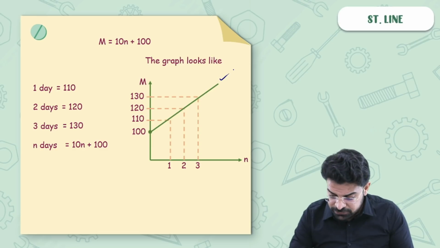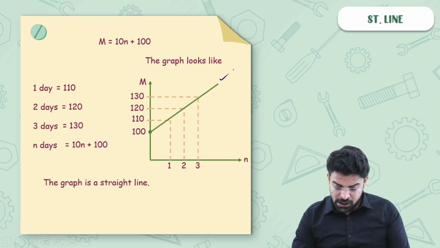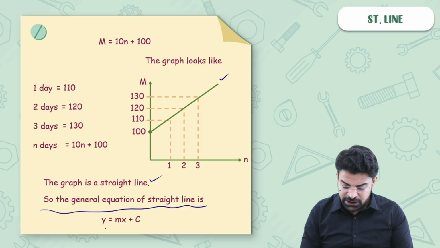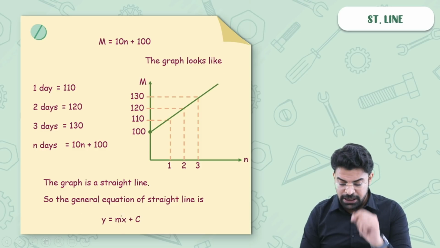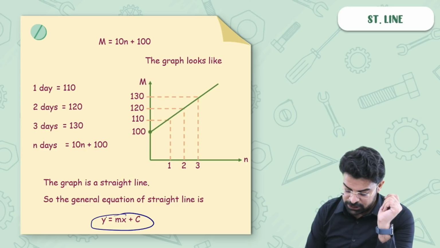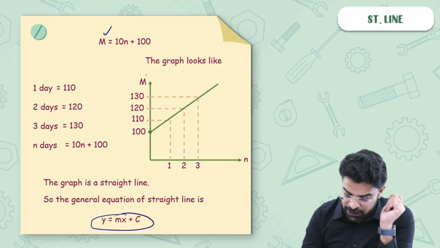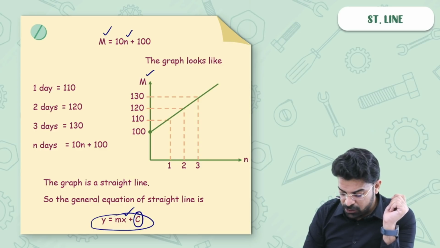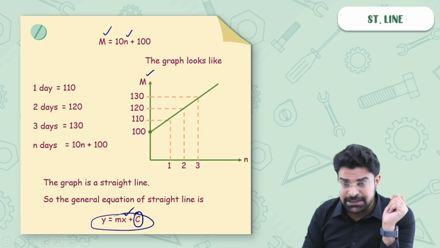Now this graph is a straight line. So the general equation of a straight line is given by y equals mx plus c. Now see here, I have plotted y on the y-axis and x on the x-axis, and there is a constant c. What is c?